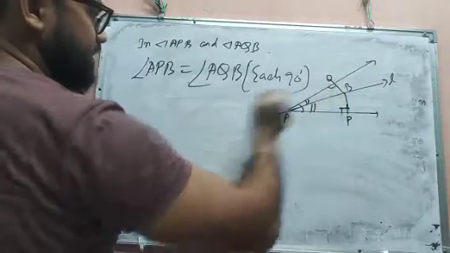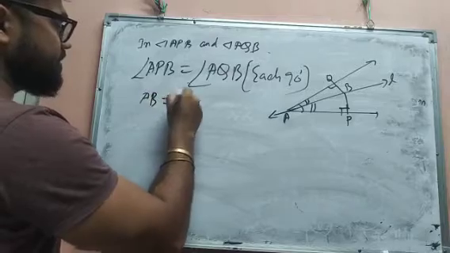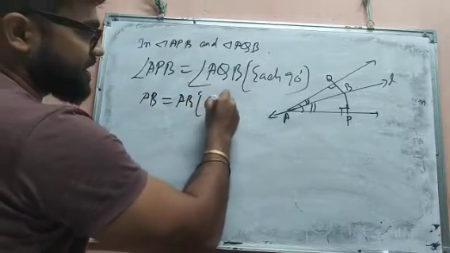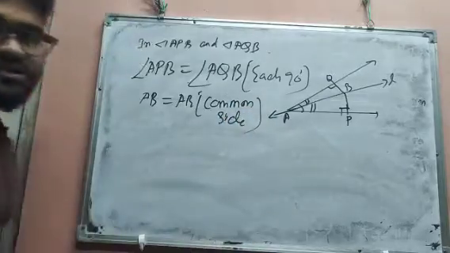Then also you can say AB equals AB. This is a common side, so these two are equal.